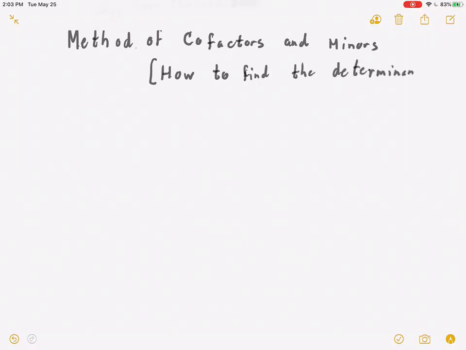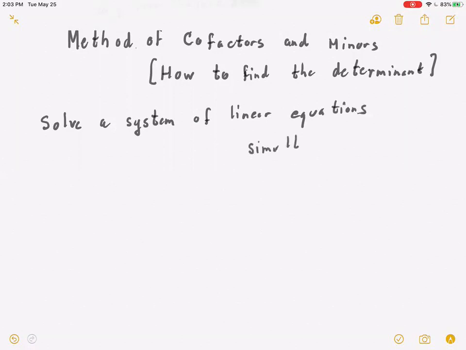So remember that the goal in this first couple of lectures is to solve a system of linear equations, and you want to solve the system of linear equations simultaneously. In order to do that, we showed last lecture that Cramer's Rule is an ideal way of accomplishing this task.